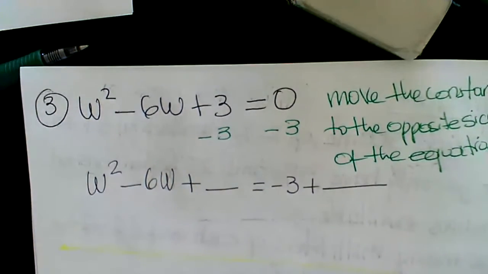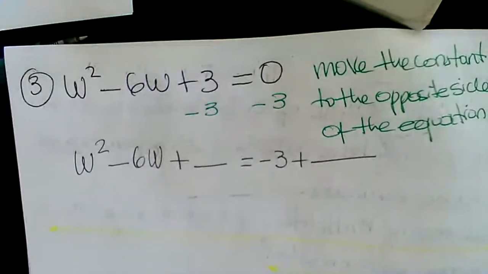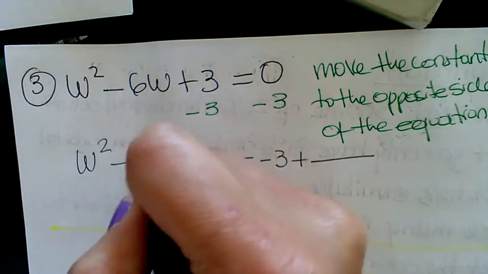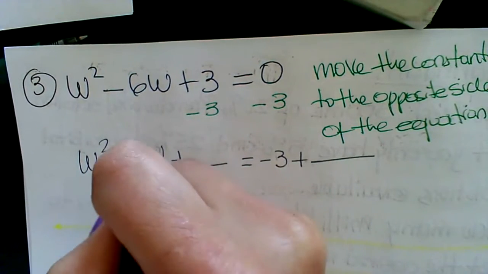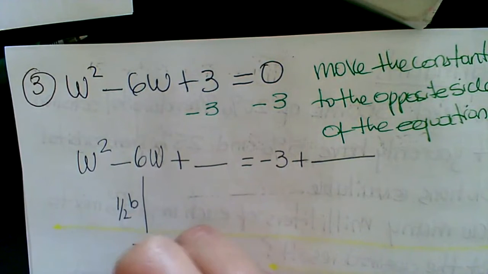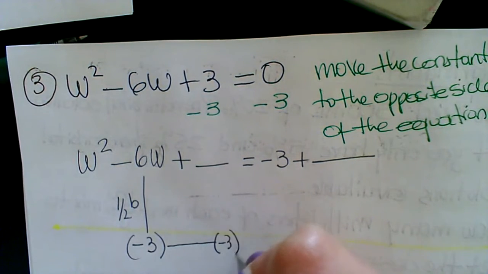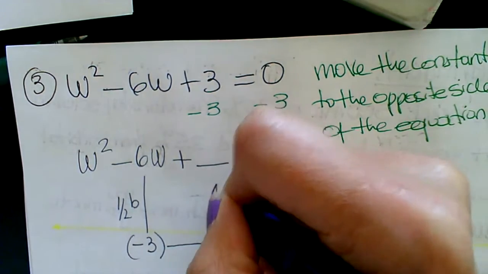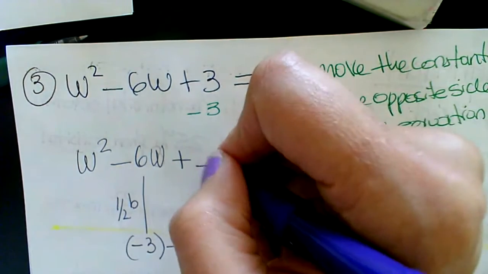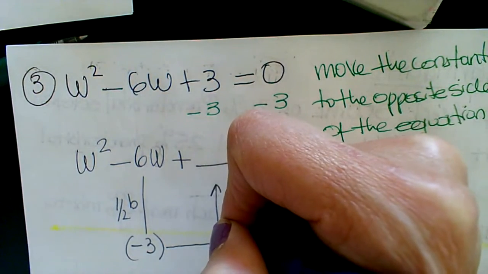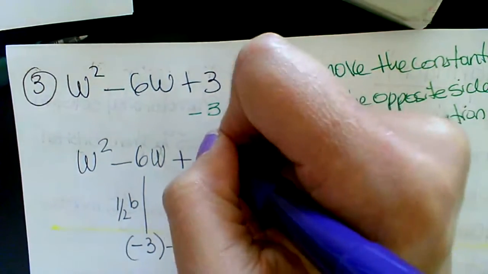Okay? Now we need to find the 1/2 b. That would be negative 3. Remember that number. And we're going to square this. That would be 9. That 3 times 3 is 9.